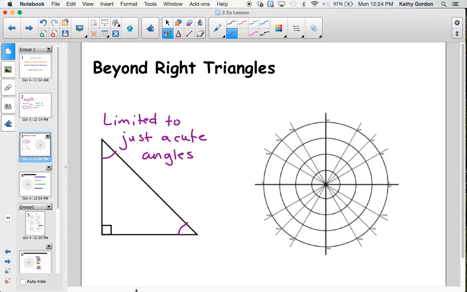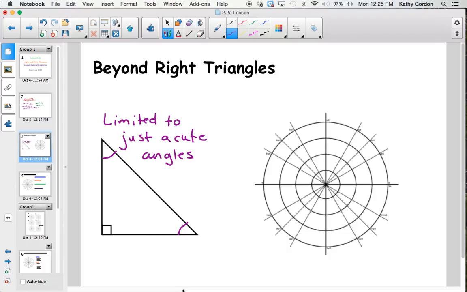We're going to take a ray. We're going to rotate the ray around the circle to create an angle. That's what's going to allow us to get beyond 90 degrees and to get to other kinds of angles. Okay? So we want to now start thinking about angles in terms of circles rather than just in terms of triangles.